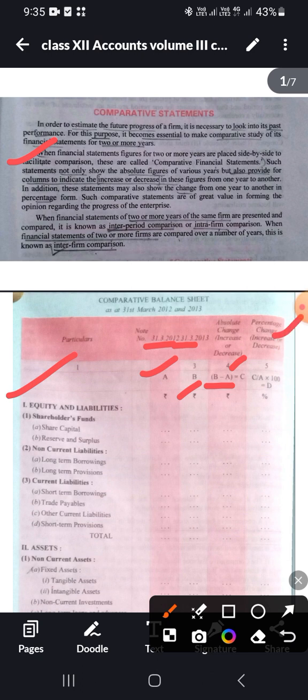So A, B, C, D, only 4 items are included here, and here the details are given of how you calculate A, B, C and D. Again I'm repeating, 2012 and 2013 amounts belong to A and B. Then absolute change belongs to C, that means B minus A. Then percentage change belongs to D, that is C by A into 100. Then you will conclude the balances with D. Okay, so let's take the example.